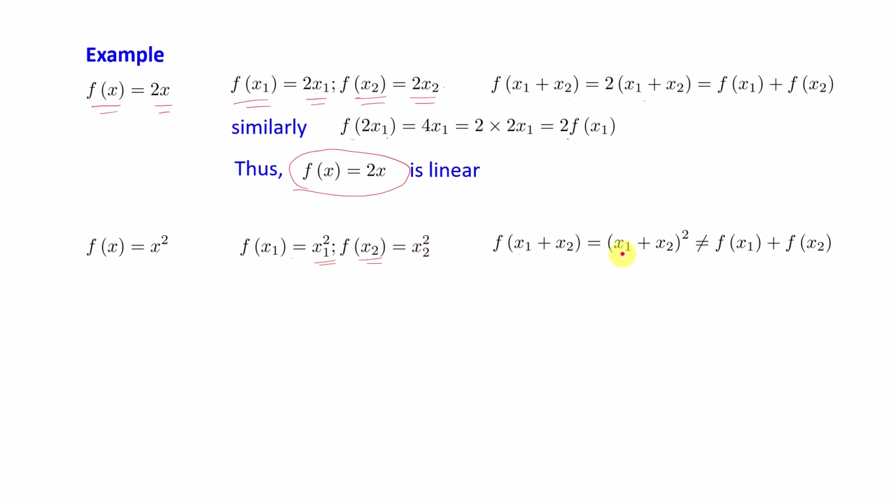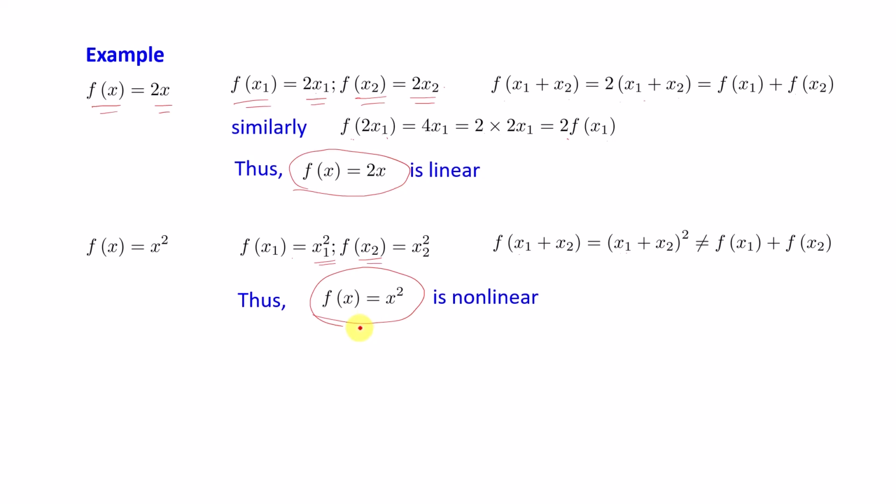As we have learned in school, x1 plus x2 whole square is x1 square plus x2 square plus twice x1 x2. So f of x1 plus x2 is not equal to f of x1 plus f of x2. Therefore, this machine f of x equals x square is a nonlinear machine, or a nonlinear operator.